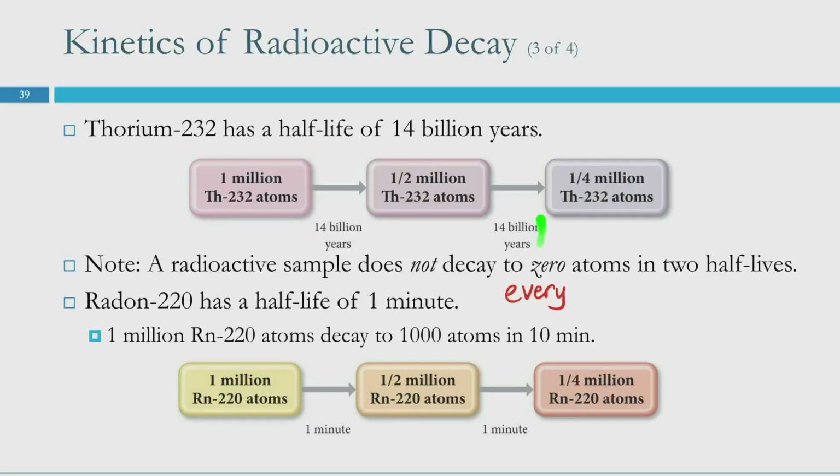After another 14 billion years, half of those atoms are used up. They've undergone radioactive decay. So we would be left with 250,000 thorium-232 atoms. As a reminder, a radioactive sample does not decay to 0 atoms in 2 half-lives. It gets cut in half sequentially. Every half-life cuts the amount in half.